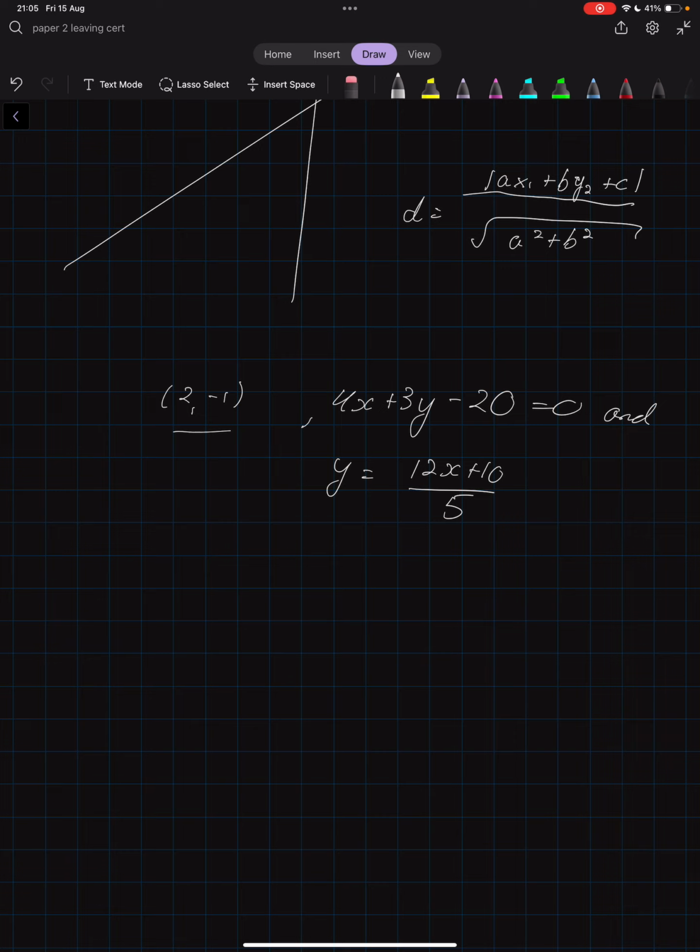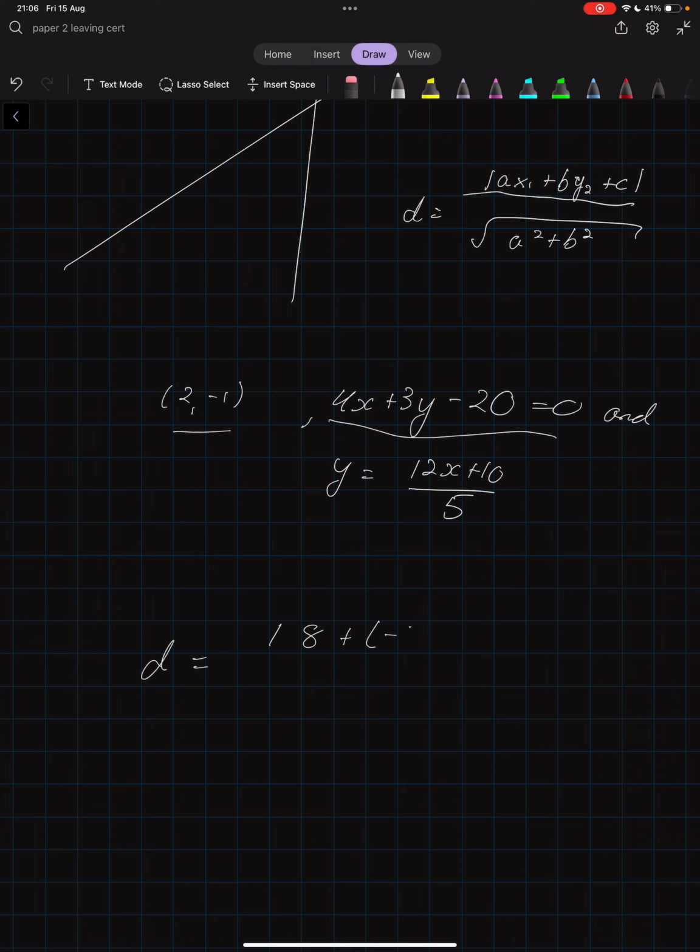All right, so first of all, let's figure out what D is to this line. So if we do that using the formula, D is equal to the magnitude of 4 times the 2. So you're plugging in 2 for the x and you get 8. Plus 3 times the minus 1.